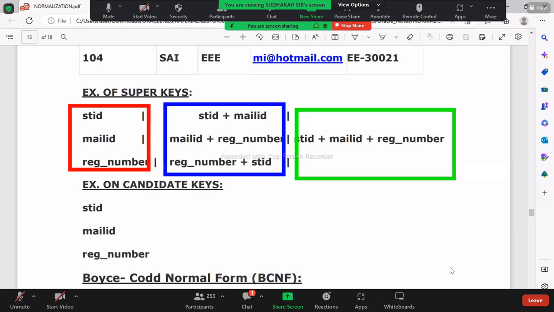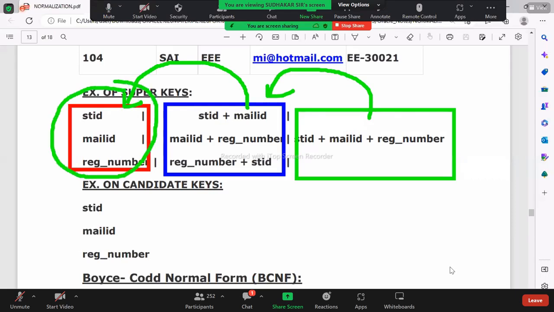In this, which is minimum? Least, what now? Three combination, two combination, one single. One single. So for the three-column combination, the minimum is two. For the two-column combination, the minimum is one. So what are these called? Candidate keys. Every individual super key column is also called a candidate key. Is it clear? Yes.